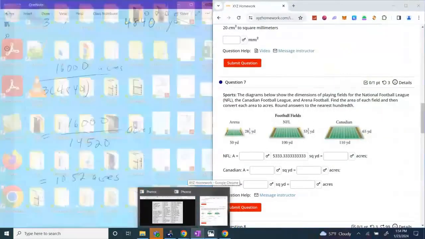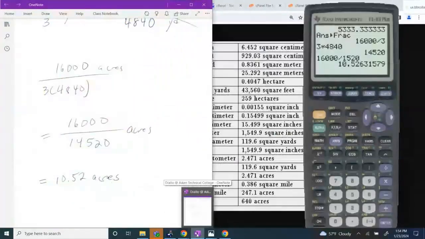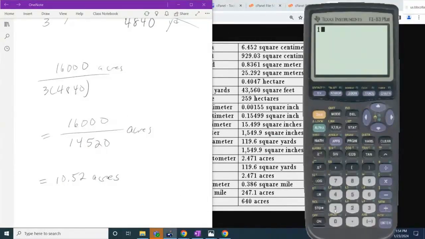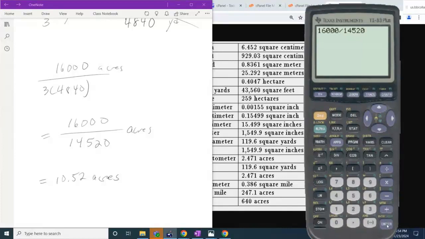The calculator said 16,000 divided by 14,520.